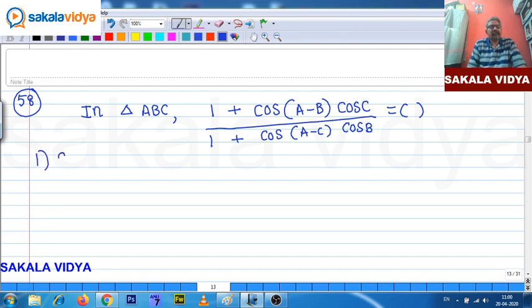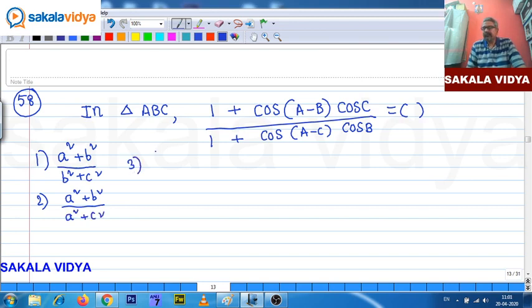First option, a square plus b square upon b square plus c square. Second option, a square plus b square upon a square plus c square. Third option, a square minus b square upon b square minus c square. Fourth option, a square minus b square upon a square minus c square. So this is the question.